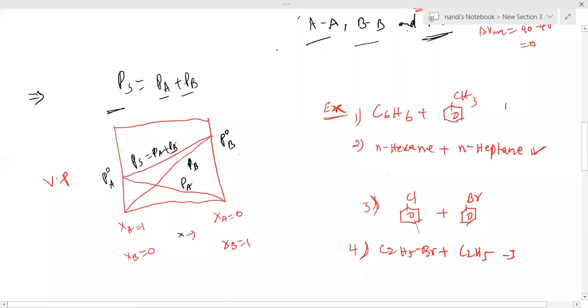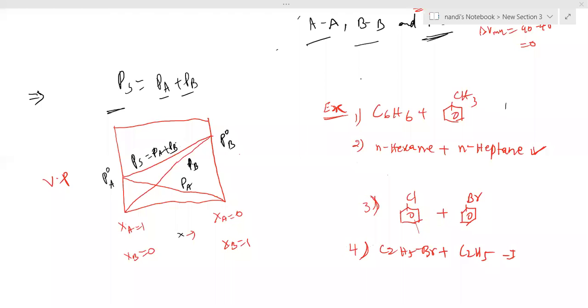The previous problem was based on an ideal solution. The normal case is the ideal solution. If they mention it in the question, then only do you have to check whether it is ideal or non-ideal.